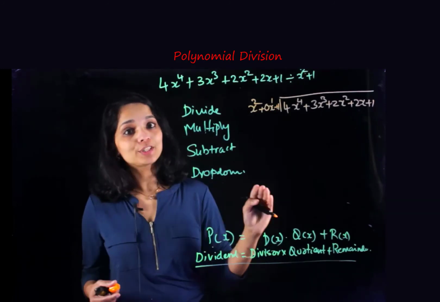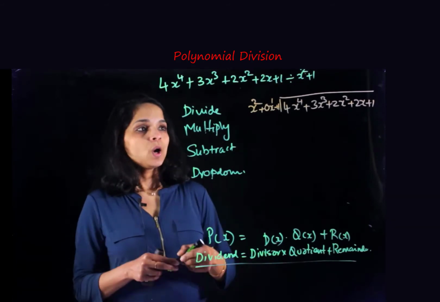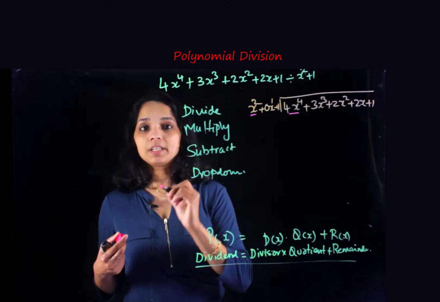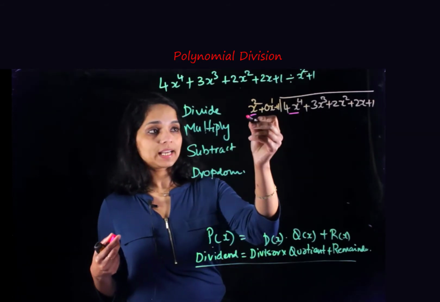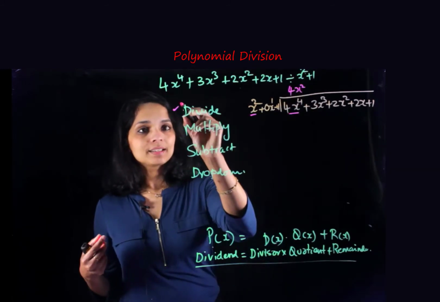Now we follow the same process as we did previously. We first divide the first term by the first term in here. So 4x to the power 4 over x squared is 4x squared. Then multiply.